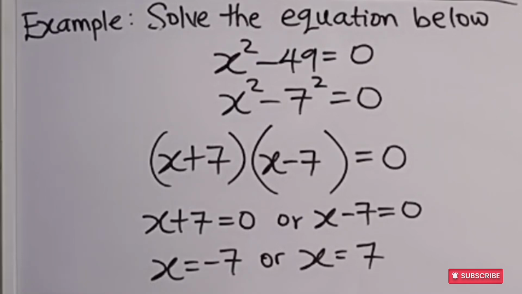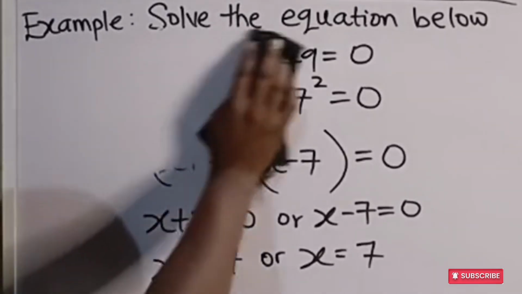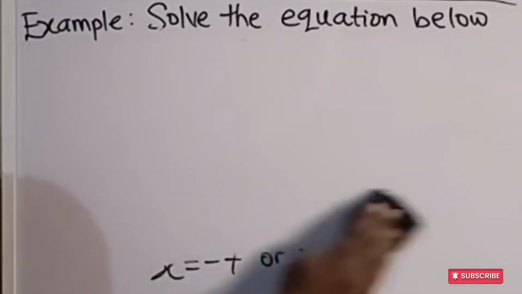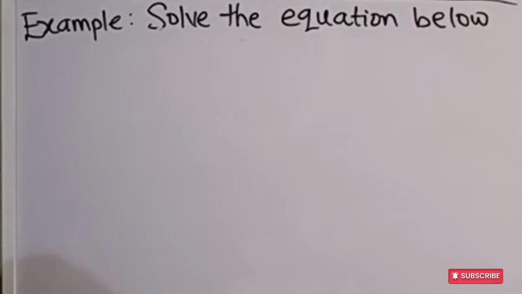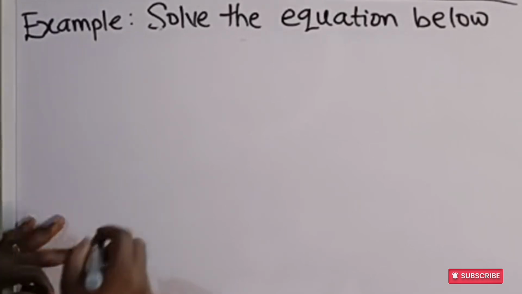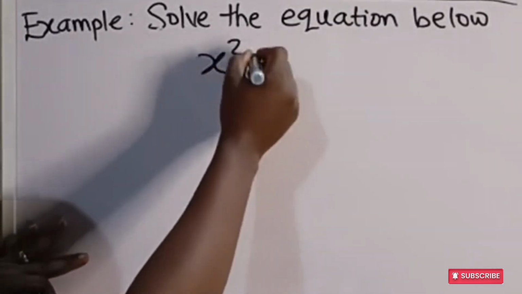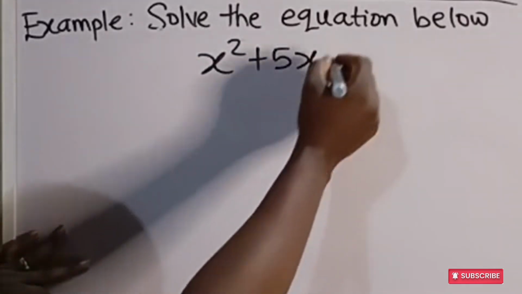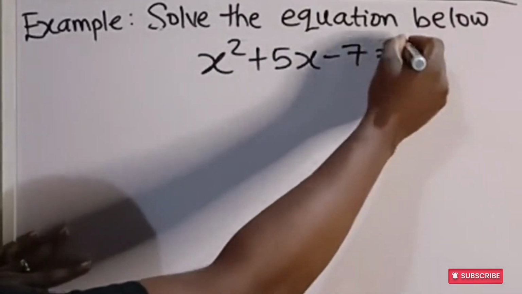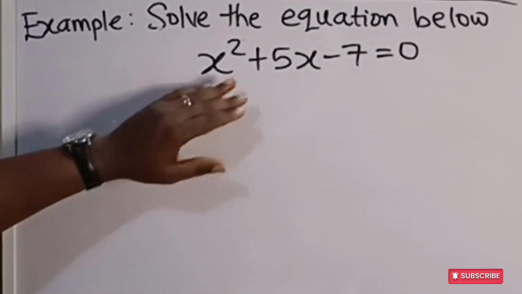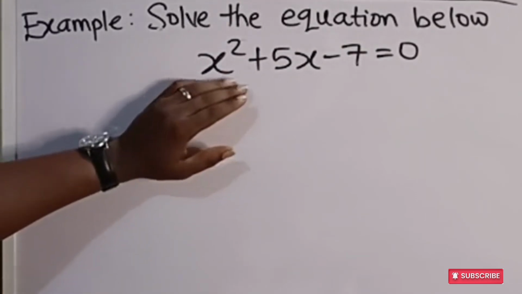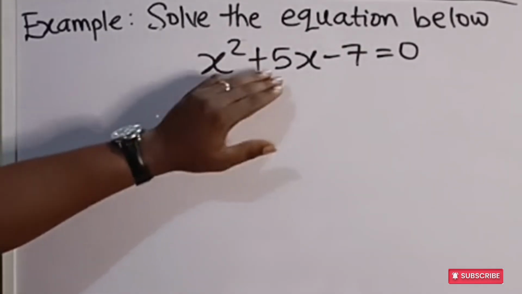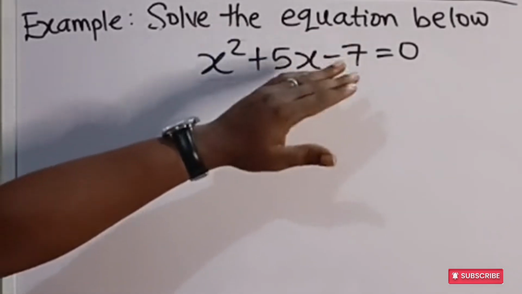Let's see. Here we are told to solve the quadratic equation below. x squared plus 5x minus 7 is equal to 0.